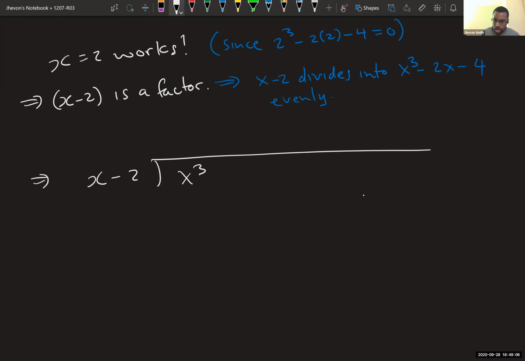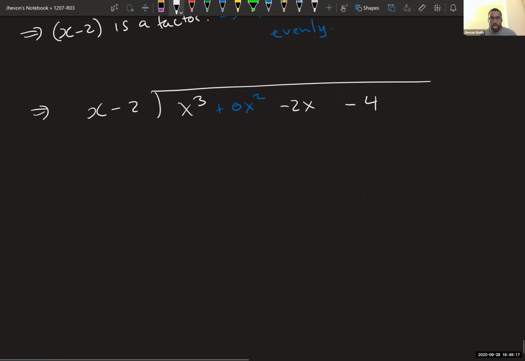So you put your x cubed, you leave a space for the x squared, you would have a minus 2x, and then you'd have a minus 4. Okay, and so what do you get? I got x minus 2 times x squared plus 2x plus 2.